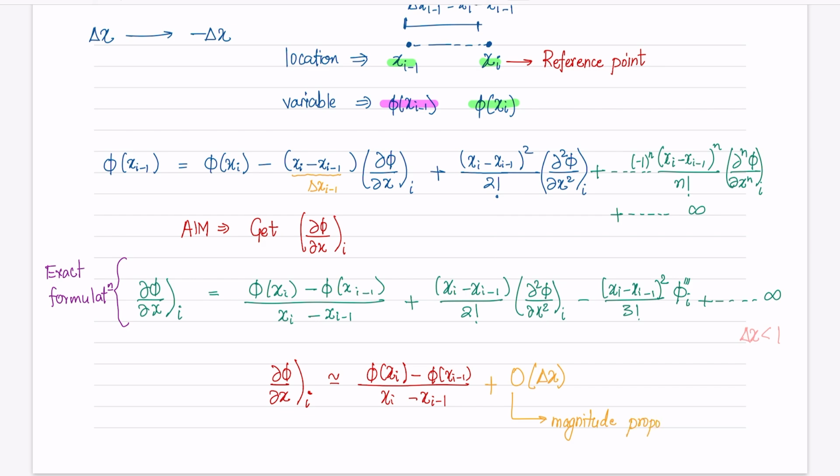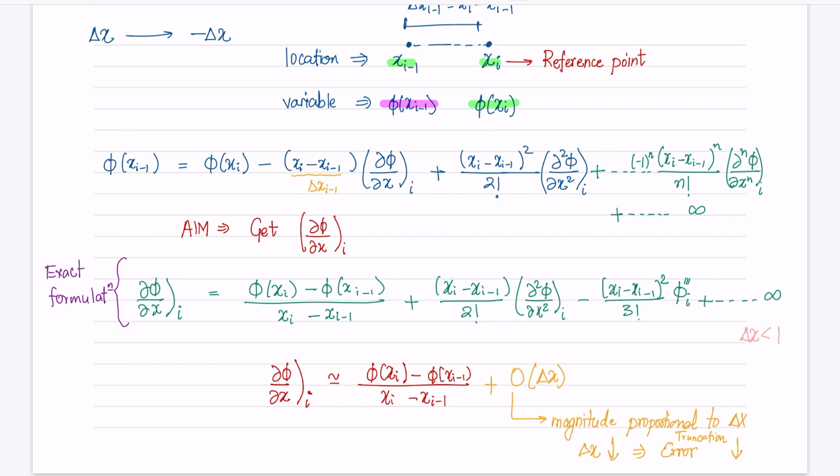proportional to delta x, and that essentially means that when we reduce delta x, the truncation error moves down in the same proportion.